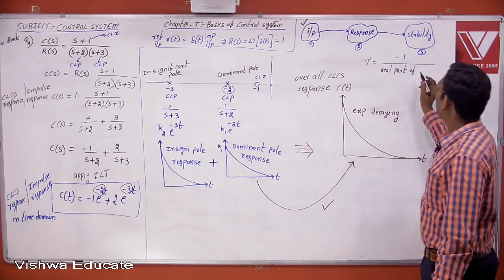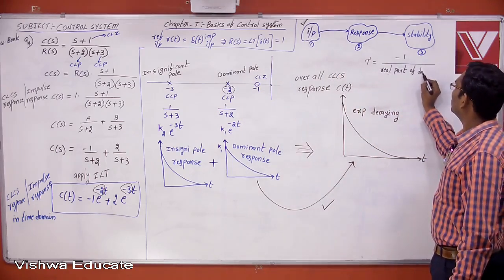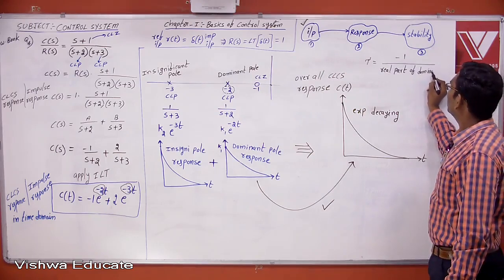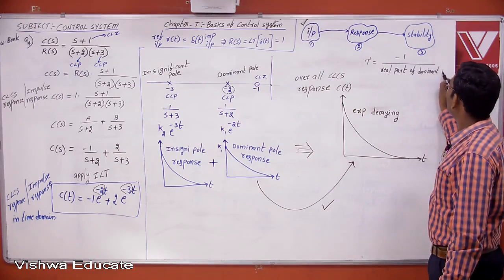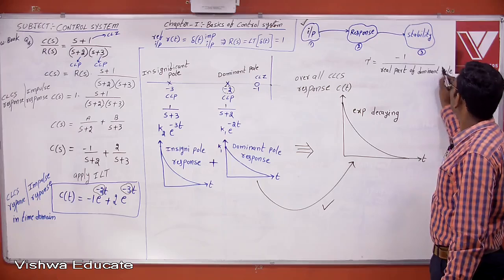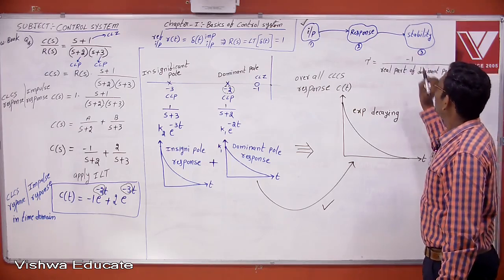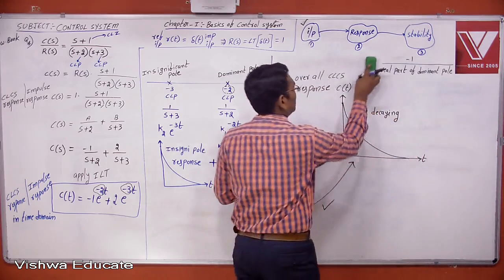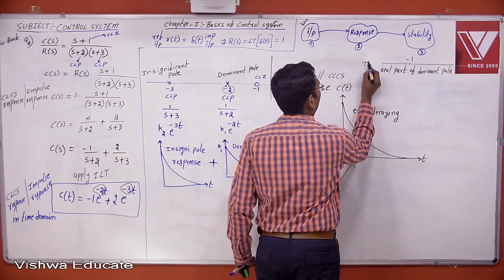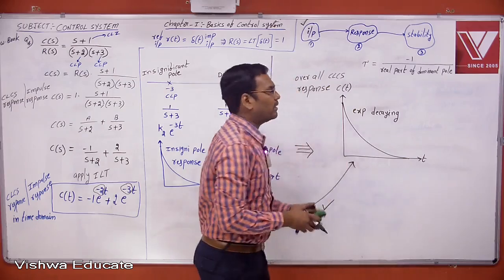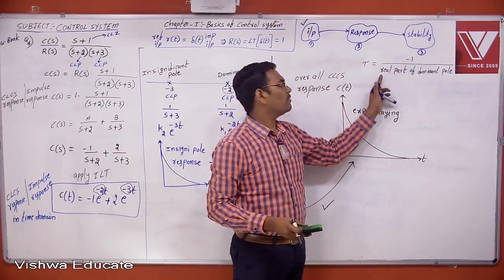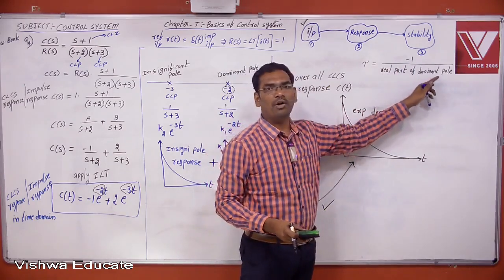The dominant pole. This is the system time constant: the negative of the reciprocal of the real part of the dominant pole.